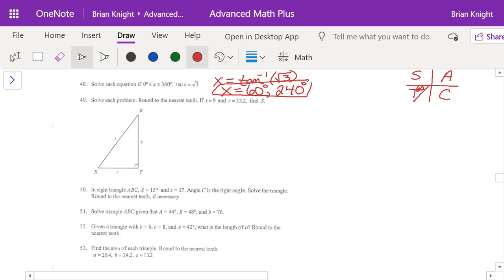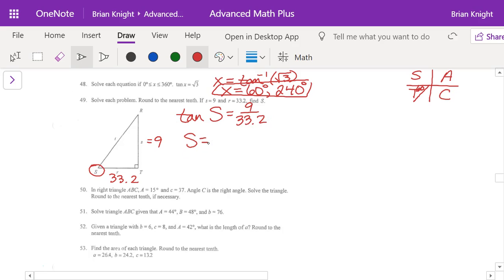49. We are finding S. They give us side S is 9 and side R is 33.2. What trig ratio can we use to find angle S there? We have the opposite side and the adjacent side, so we use tangent. Tangent of S equals opposite, 9, over adjacent, 33.2.